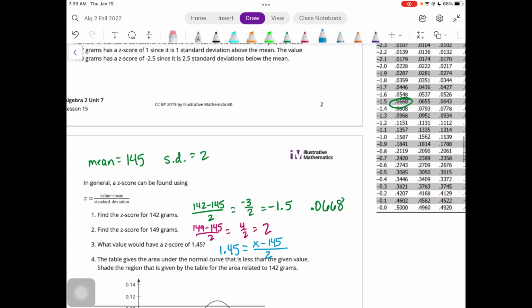So you're just solving for x. We multiply both sides by 2, which gives us 2.9 equals x minus 145. Then when we add 145 to the other side, we get 147.9 is our x value.